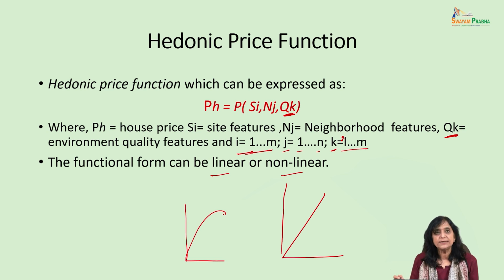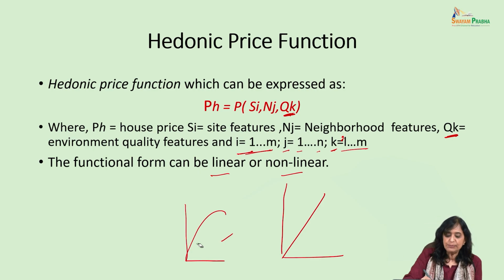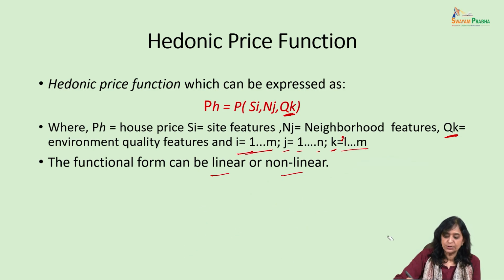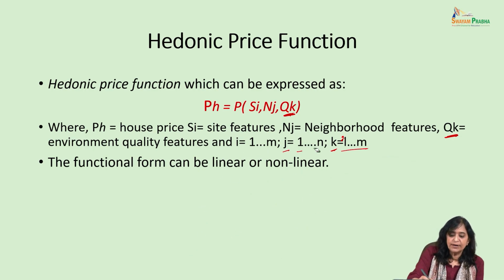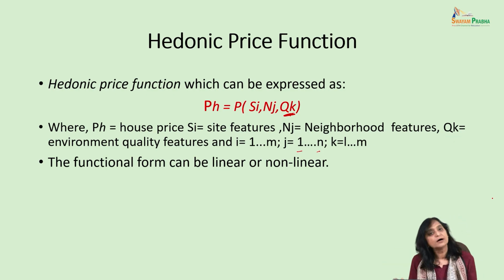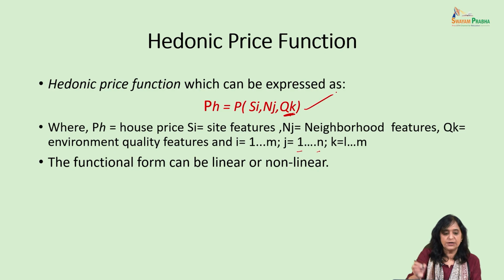Generally, it is seen that a hedonic price function is a non-linear function. I will not go into great detail about linear and non-linear, but for the sake of understanding, the functional form of this hedonic price function, when you plot it on a graph, may give you a linear or a non-linear function.